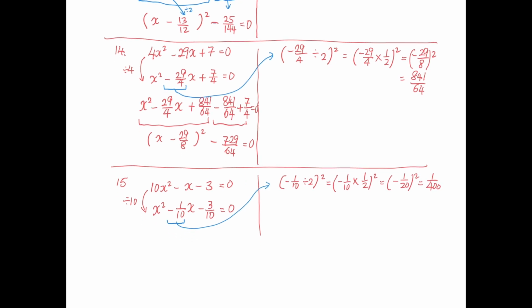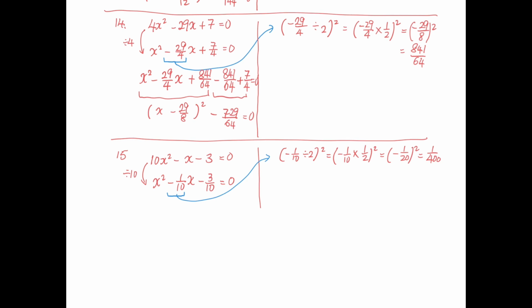Now you have to add and minus on the third and the fourth position. The first and second positions I write back the same thing. The third position I put what I found just now, the 1 over 400. So 1 over 400 minus 1 over 400 and then minus 3 over 10 equal to 0.